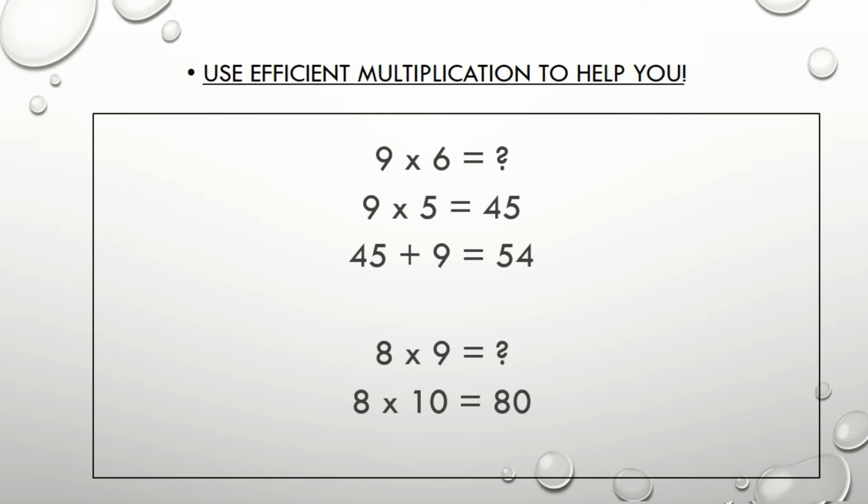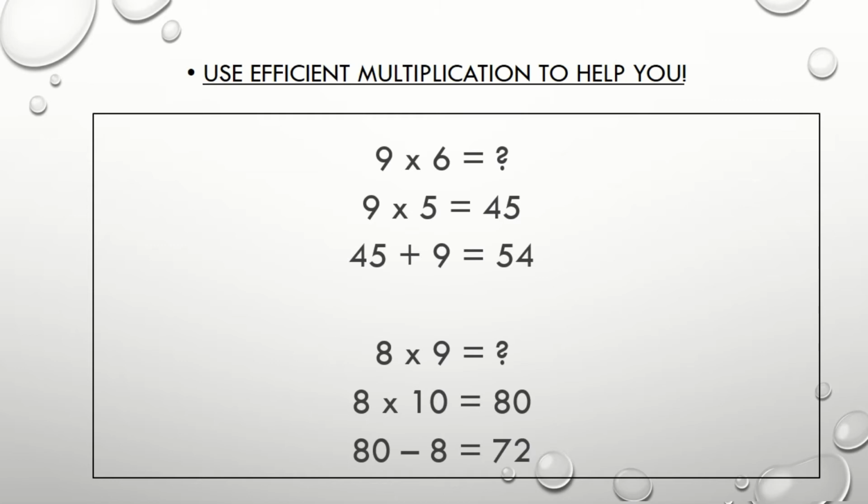So I can do 8 times 10, which I can do quite easily because my 10 times table is easy, is 80. But I only need 9 lots of 8, not 10 lots of 8. So I need to take one lot of 8 away. So that gives me 80, take away 8 equals 72.